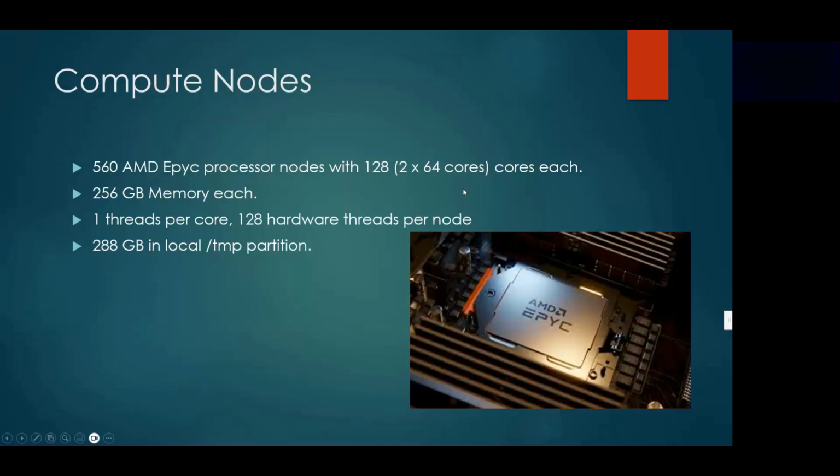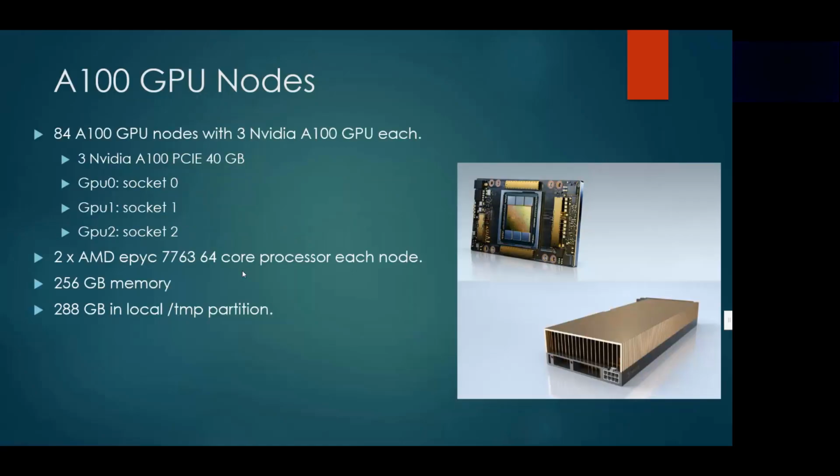Each CPU has 64 cores, 256 gigabytes of memory, and 1 thread per core. This is the normal CPU architecture, with 560 nodes.